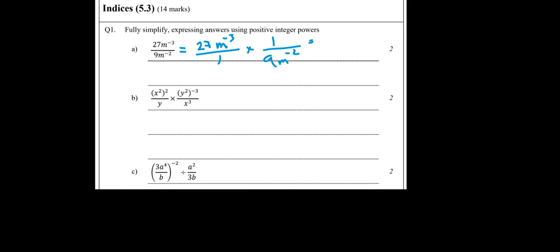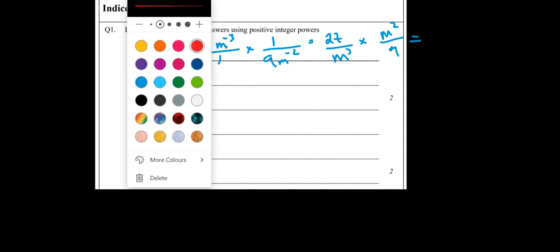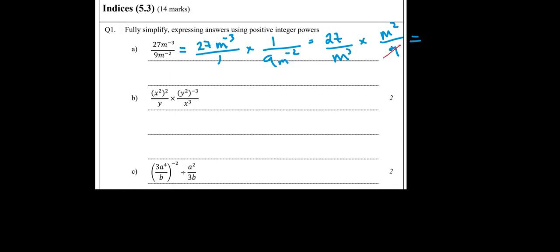Okay, so all this means is 27 over m cubed multiplied by m squared over 9. So we can cancel some. This just gives 3 over m.